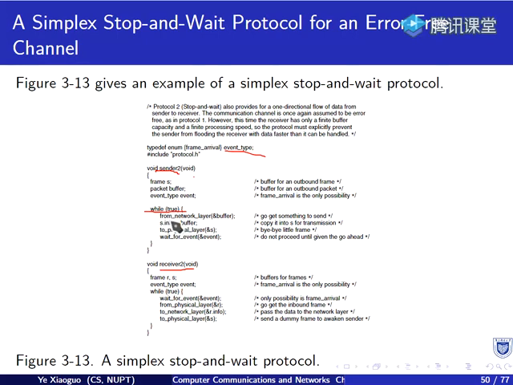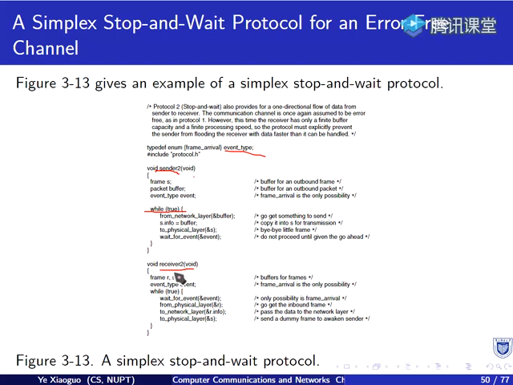It gets a packet from the network layer, meaning the network layer delivered a packet to the data link layer, encapsulates this packet into a frame, delivers this frame to the physical layer, and stops and waits for an acknowledgement from the receiver.